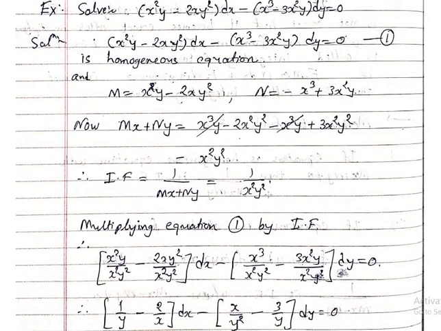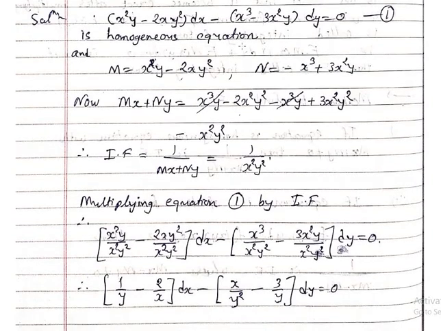Now we are going to multiply this equation 1 by the integrating factor, that means 1 upon x square y square. So each term is divided by x square y square.